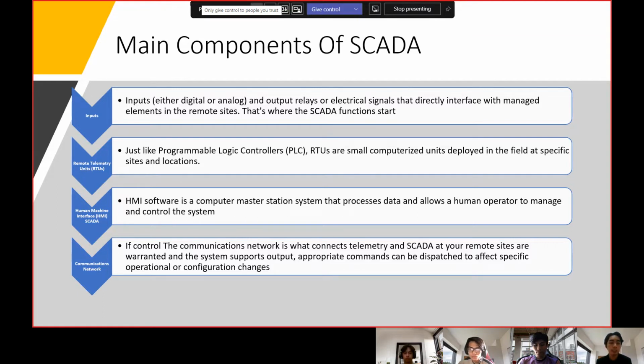And the last part is the communications network, which connects telemetry and SCADA at your remote sites.